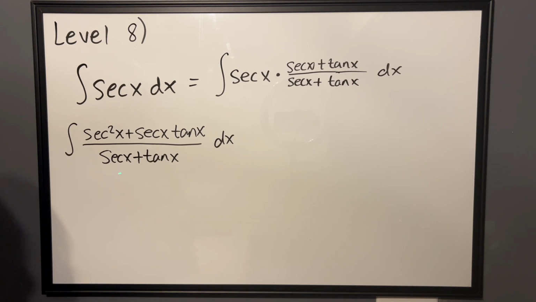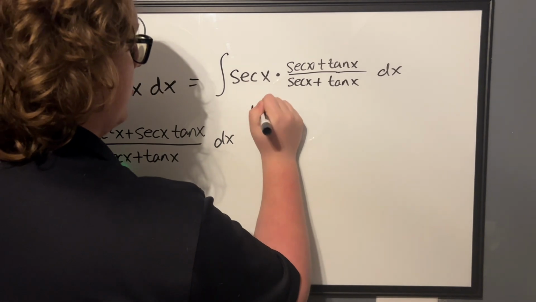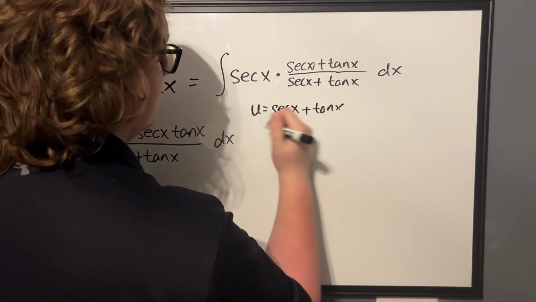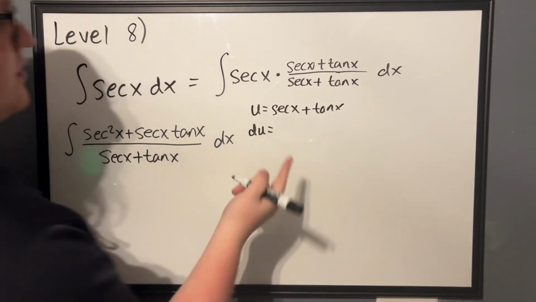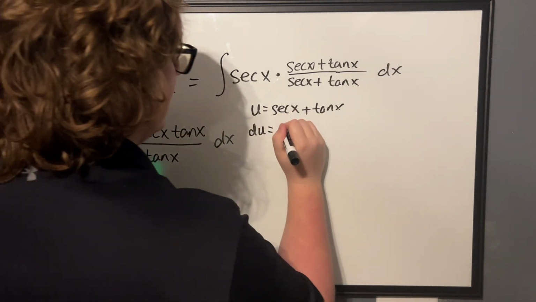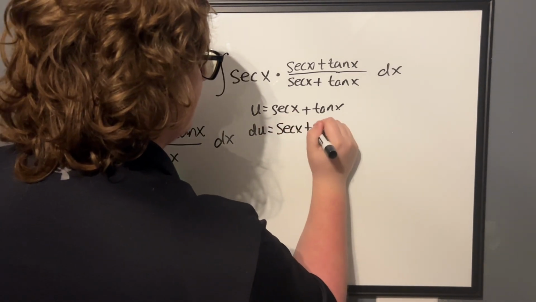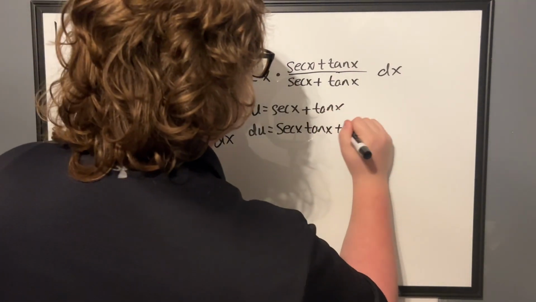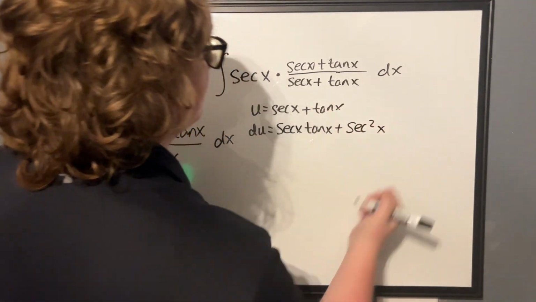Now, you may not see it immediately, but we can actually use a u substitution here. If we set u equal to secant x plus tangent x, that means that du is the derivative of this. Well, the derivative of secant x is secant x tangent x, plus the derivative of tangent x, which is secant squared of x.